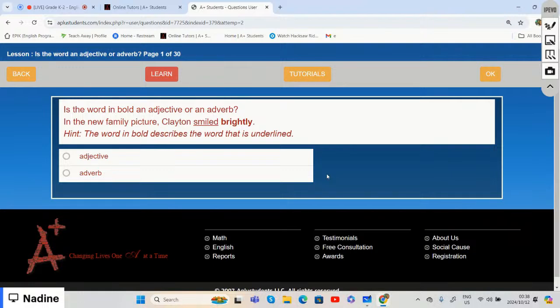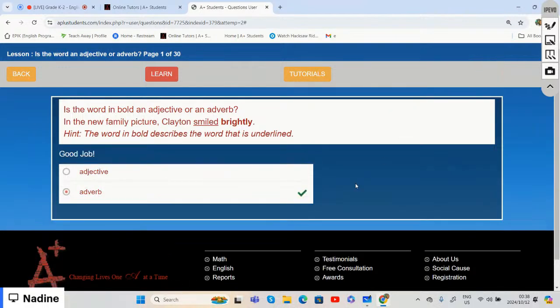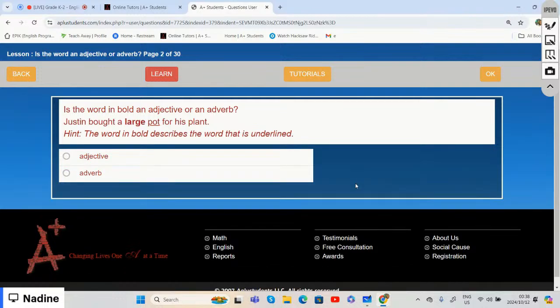And if we were to choose the correct option, we would say this is an adverb.